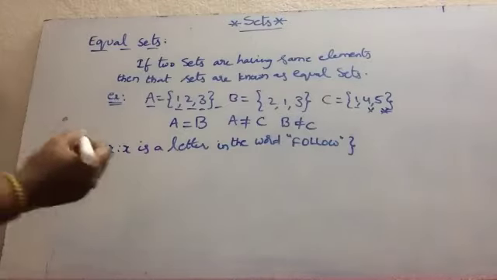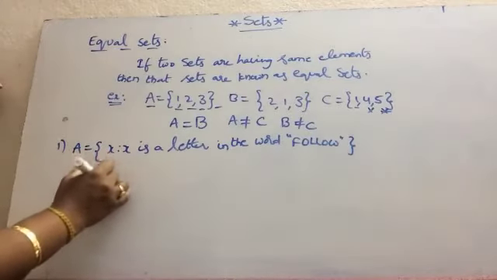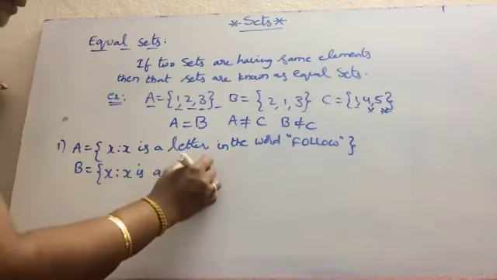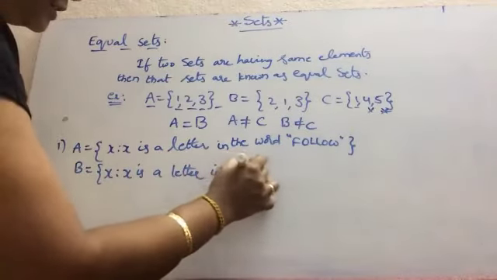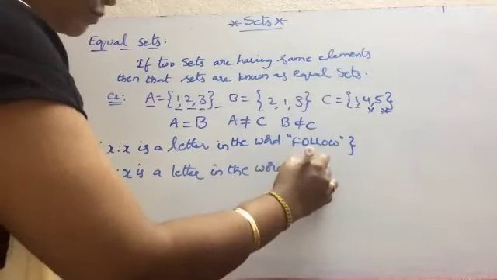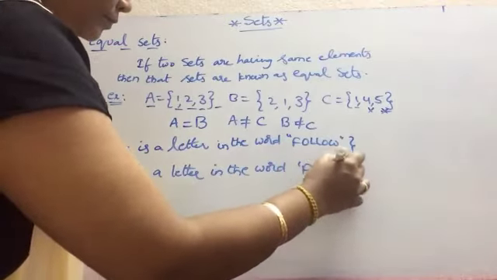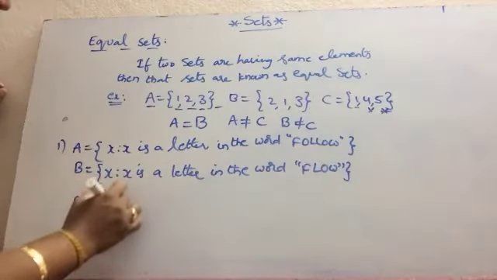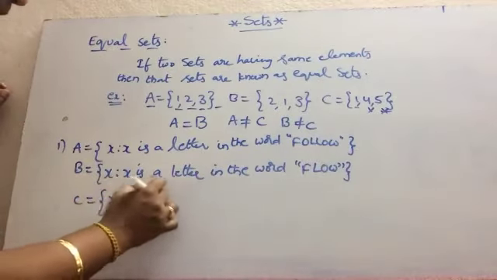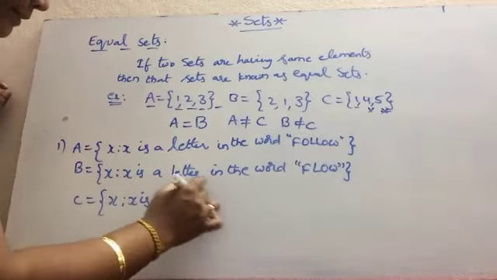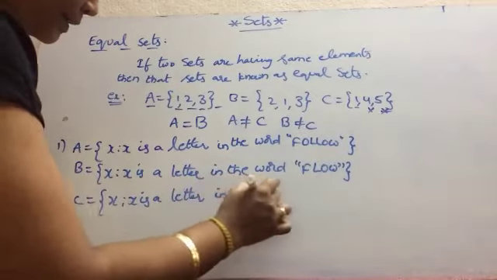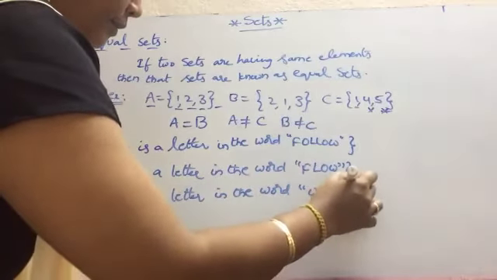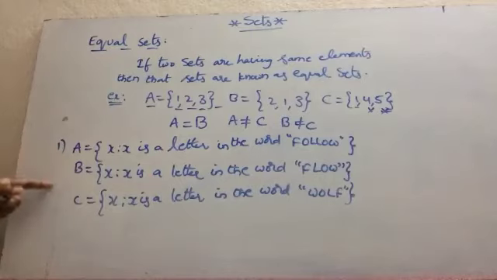And B equal to {x such that x is a letter in the word flow}. And C equal to {x such that x is a letter in the word wolf}. Now observe these 3 sets.